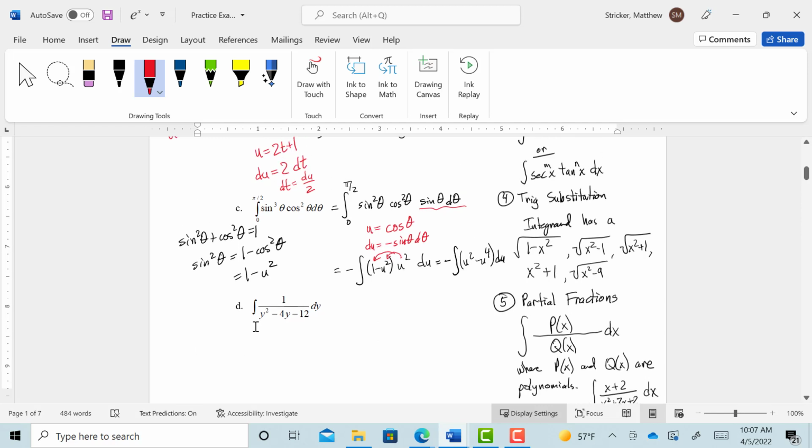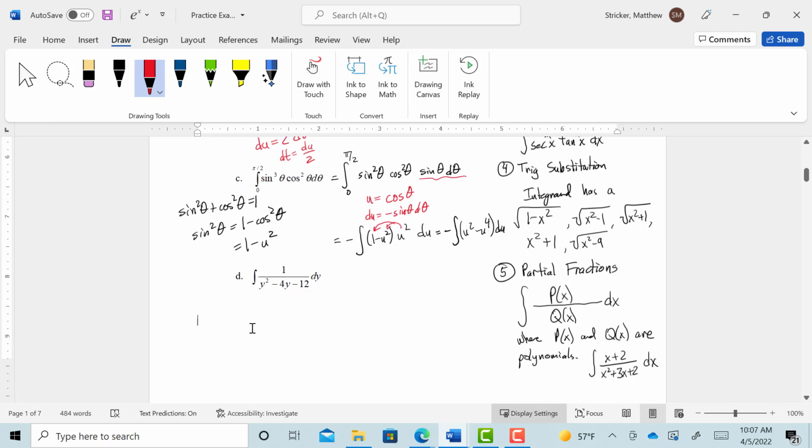So right away, hopefully you're noticing, oh, we have a partial fraction problem, right? We have one of these where we have something over something where the top and the bottom are both polynomials. Now the top is just 1, but that's okay. We do need, in order to do partial fraction decomposition, to be able to factor the denominator.